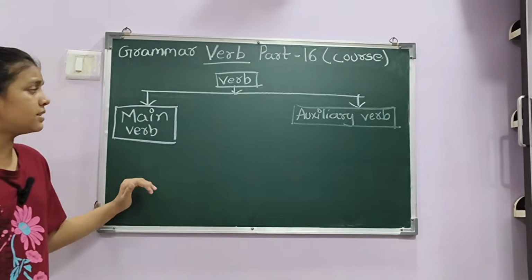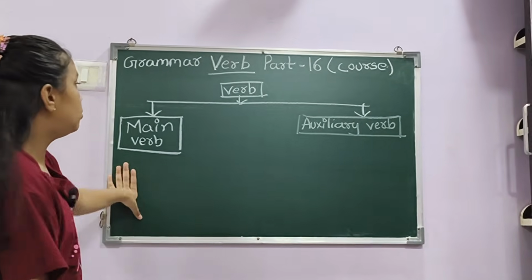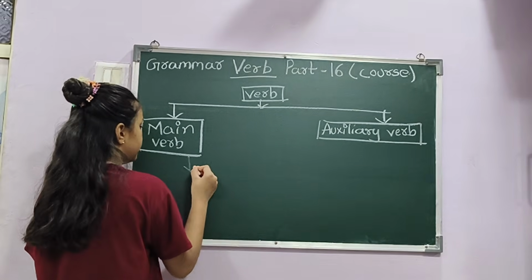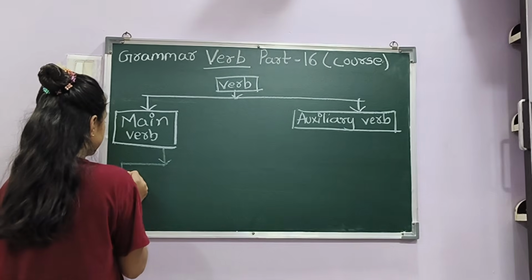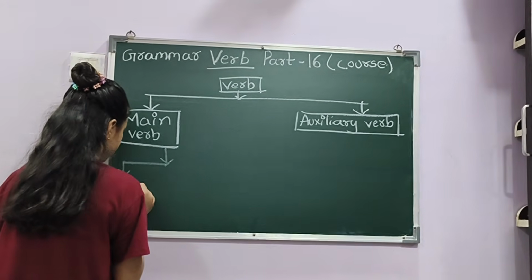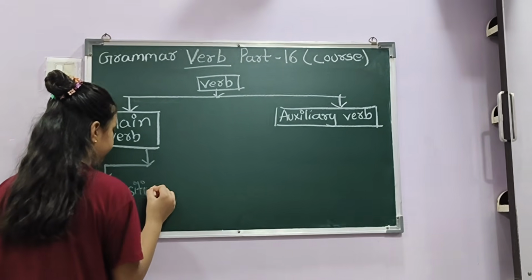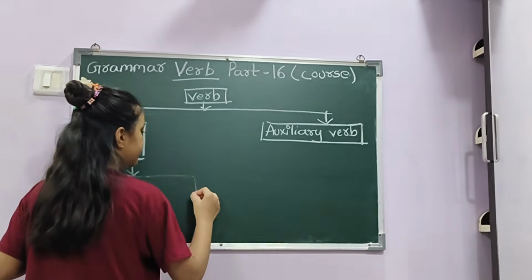Now here, there are two types of main verbs: first is transitive, second is intransitive.